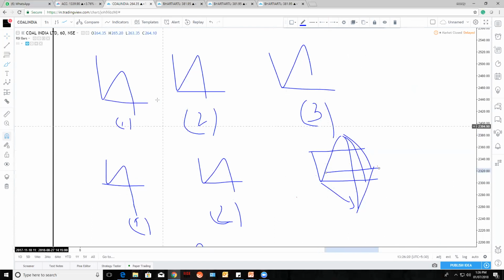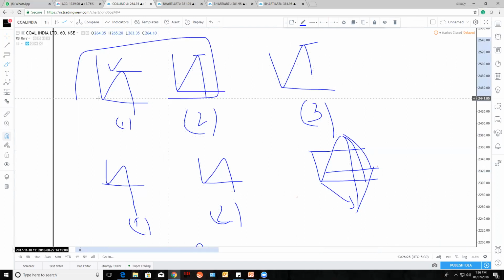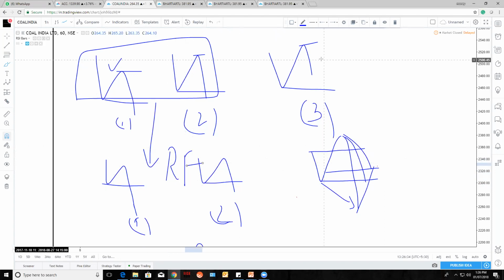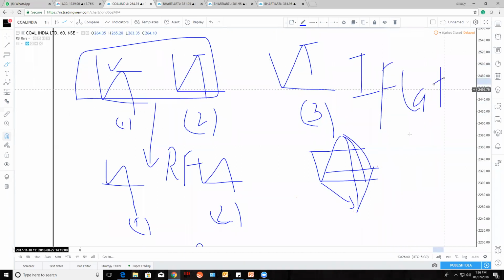Getting my point? Whenever the B wave goes less than 100%, it is called a regular flat, that is RF. And whenever it goes more than 100, we call it an irregular flat. So this is the main difference between flat and zigzag corrections.